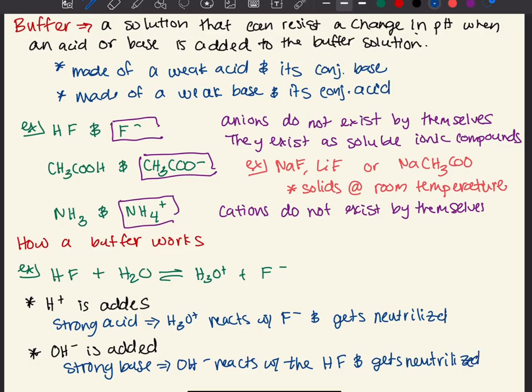Now, why this has to be made of a weak acid or a weak base and its conjugate base and conjugate acid respectively is because it exists in equilibrium. And so when you start off with this buffer, you have to make sure that you have the addition of that conjugate base, because the addition of the conjugate base drives that equilibrium to the reactants.